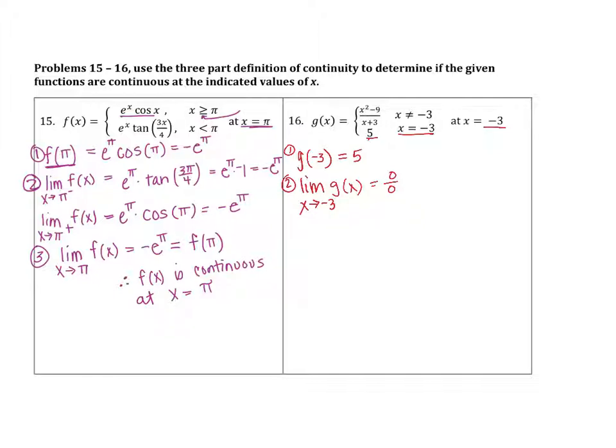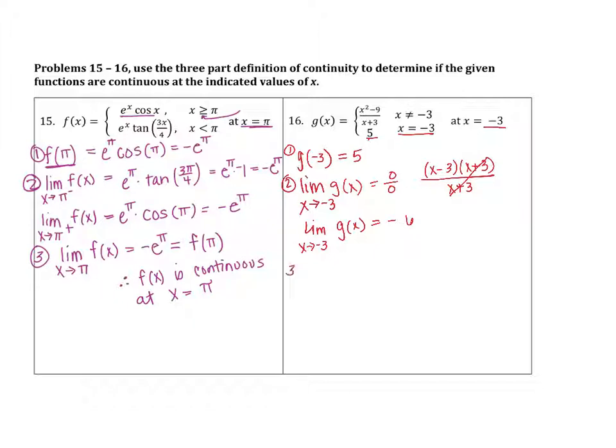So let's look at that top part. We have x squared minus 9, so that's going to be x minus 3 times x plus 3 all over x plus 3. So we're going to cancel those. Now let's come back and look at our limit as x approaches negative 3 of g of x, which is now our reduced version here, and so that's going to give us negative 6.